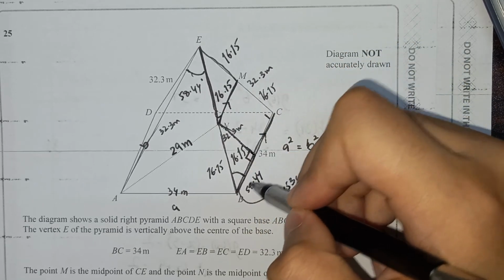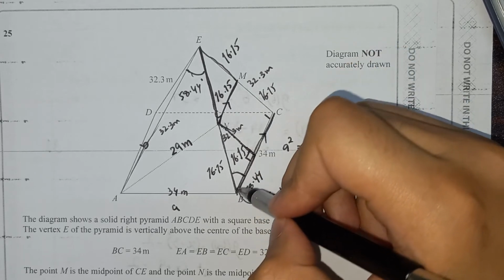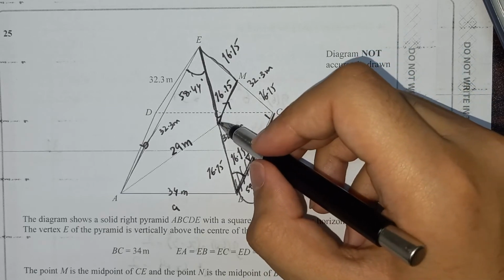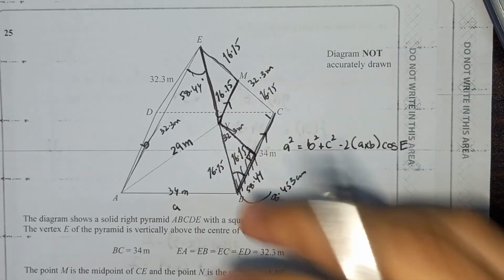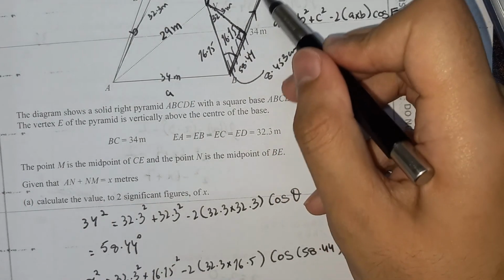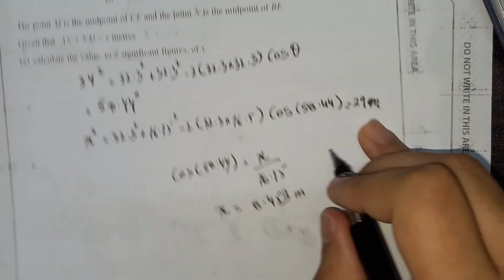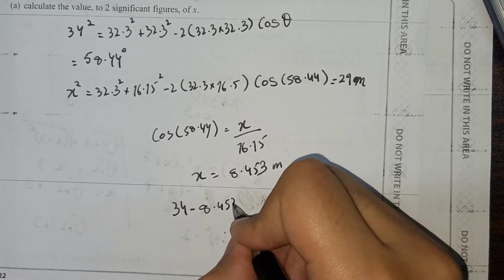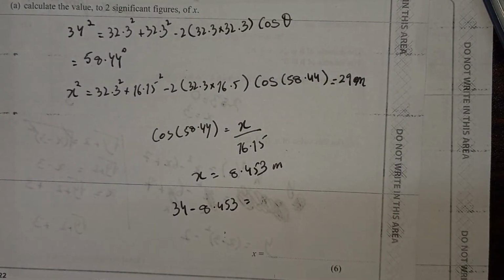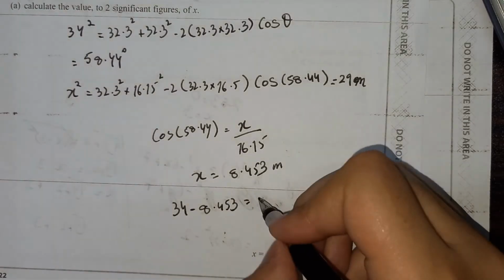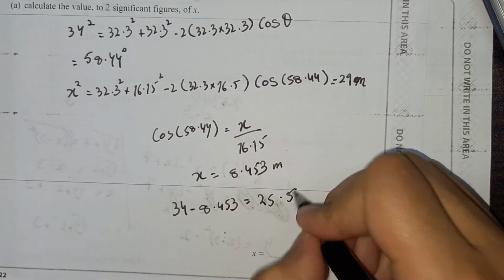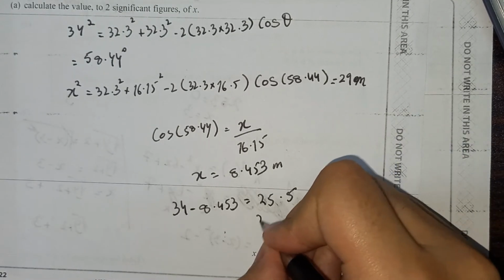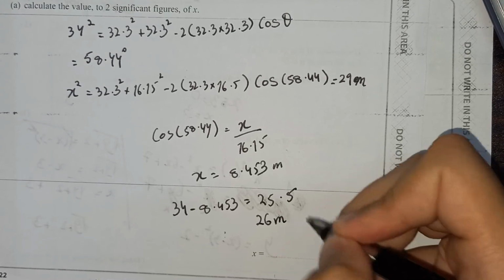So if we subtract this part from the complete line, which is 34, we get 34 minus 8.453, which is 25.5 to 3 significant figures, but to 2 significant figures it's 26 meters.